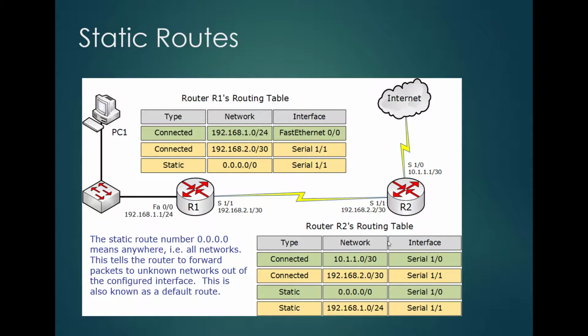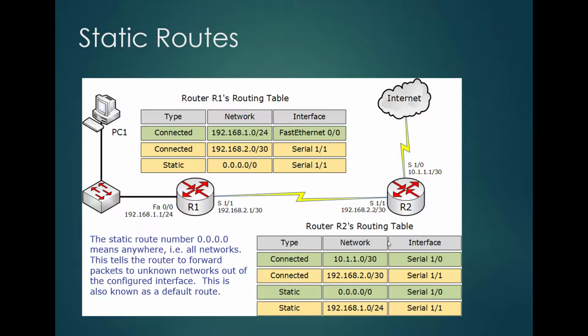And the same thing down here. So router 2 has 2 additional entries in there. He's saying, send whatever to the internet out through its one interface, anything to the 192.168 network, send it out to this interface.